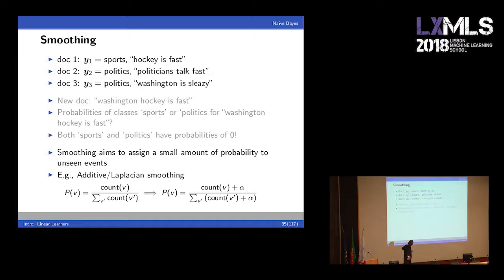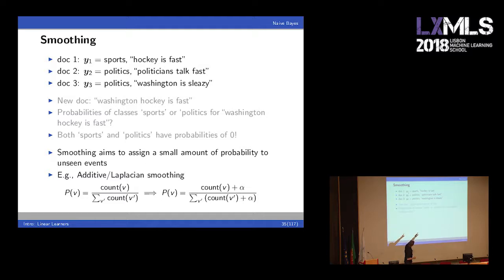Like Washington for sports. We have never seen Washington in sports. So that feature will be 0. So if we multiply this feature in, which we have to do in our model, what will we end up with for the probability of the class? 0, yeah?